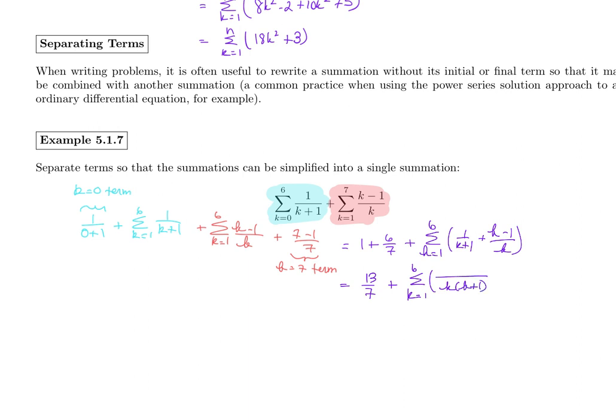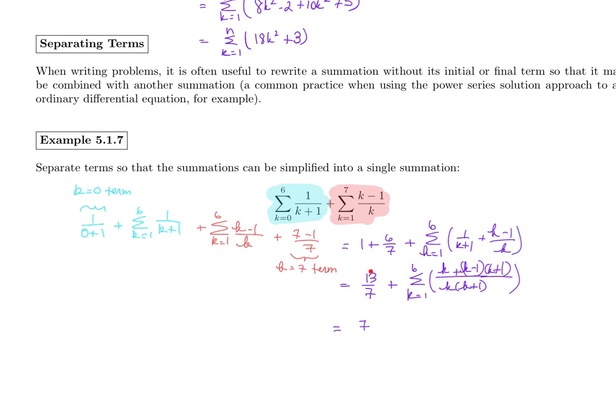So I'm going to have to multiply the first term by k, and the second term, k minus 1, by k plus 1. And this looks really complicated. But what happens if we add all this up is it equals the number 7.